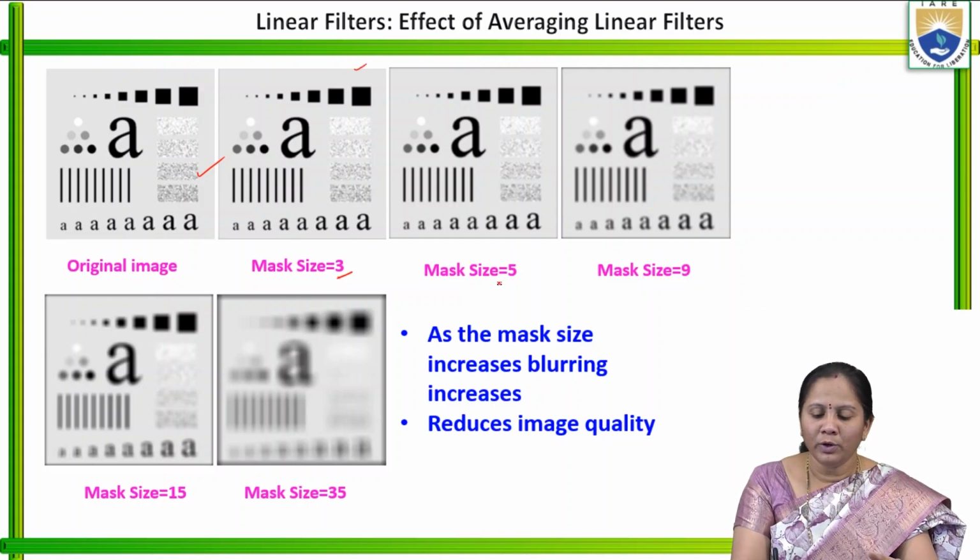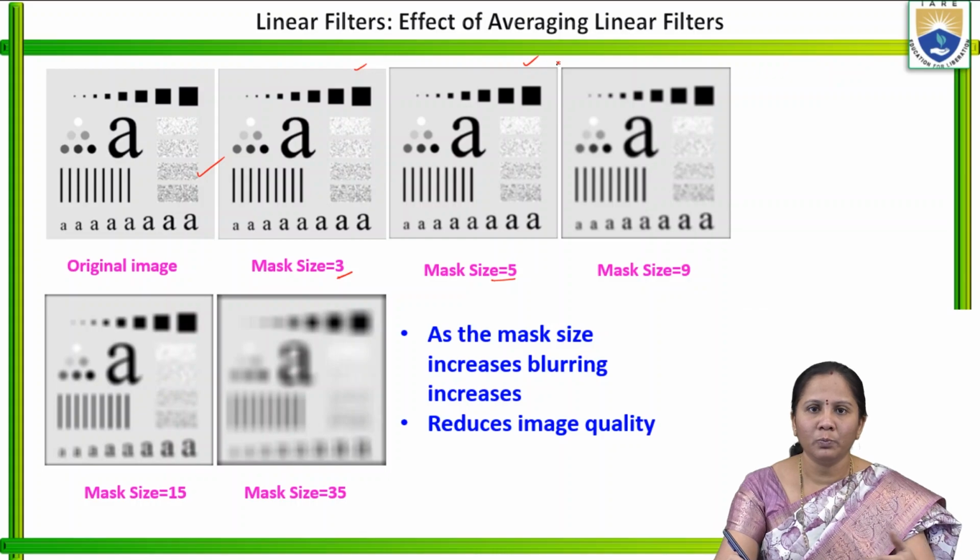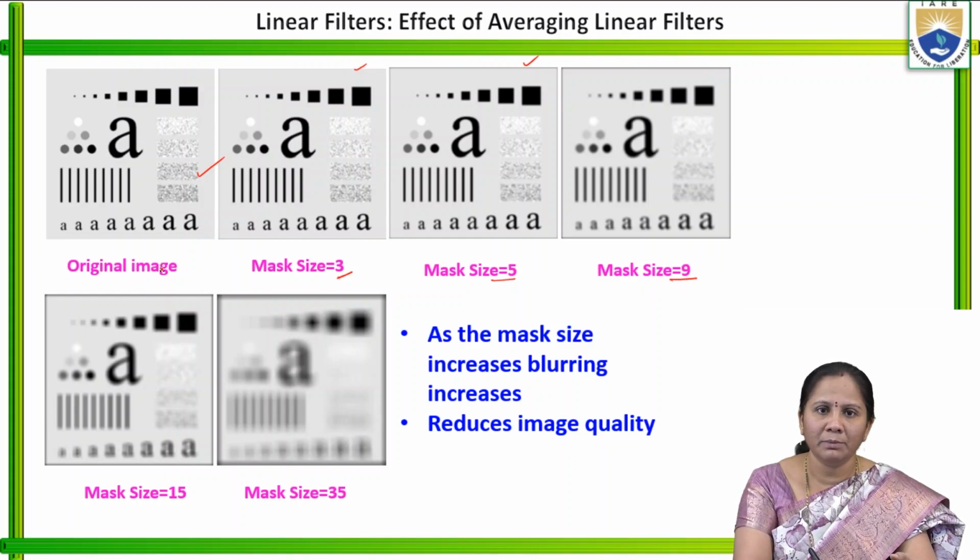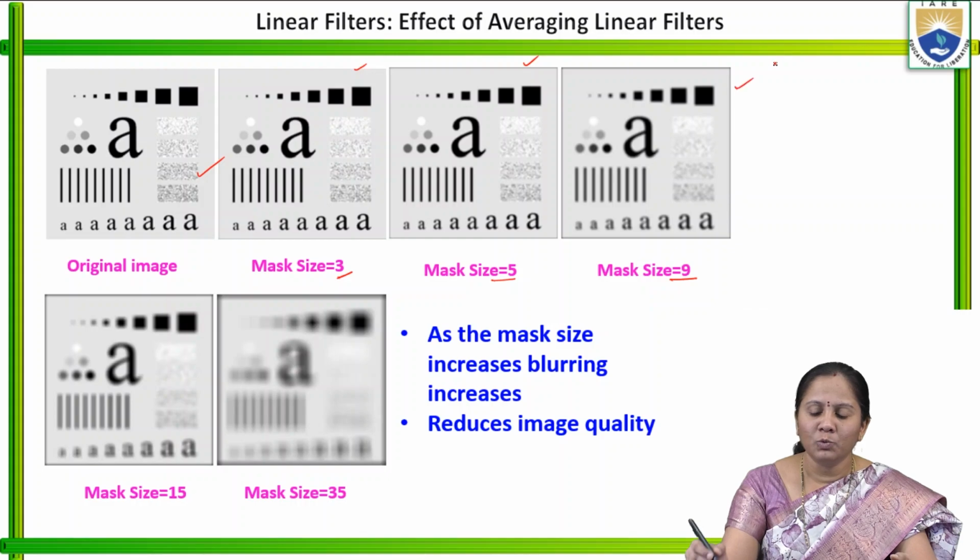Similarly, if you are going to apply the filter, that is mask, where its size is of 5 on this original image, the smoothened output image will be like this. If we apply the mask which is of 9 in size on this original image, the smoothened output will be like this.